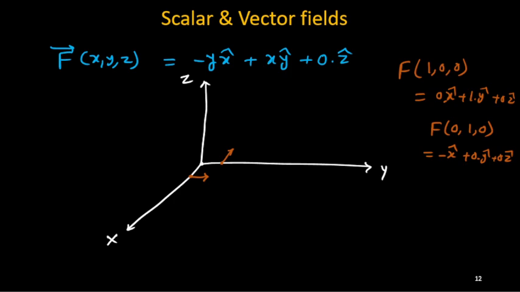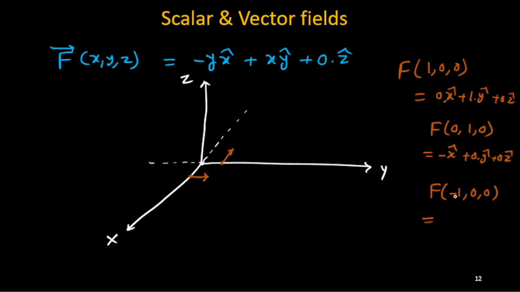Okay, now can I draw the next one? So I should go for the negative ones as well. Now if I consider f of minus 1 comma 0 comma 0, what is the value?